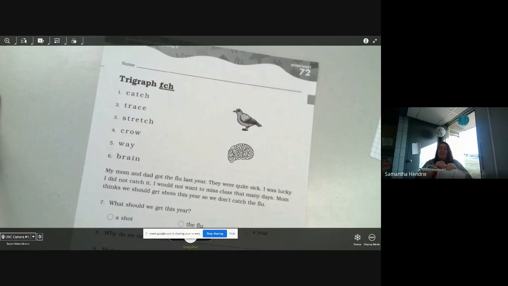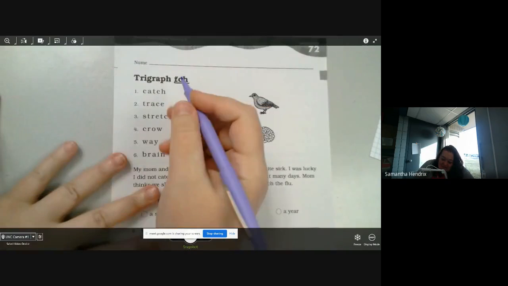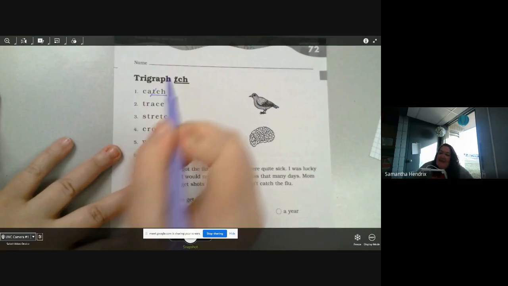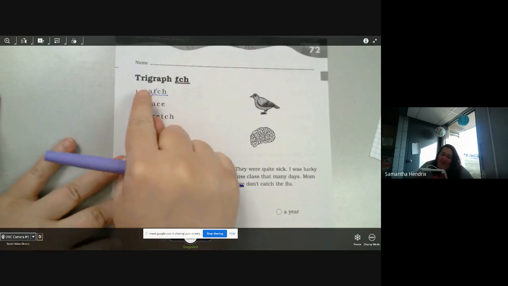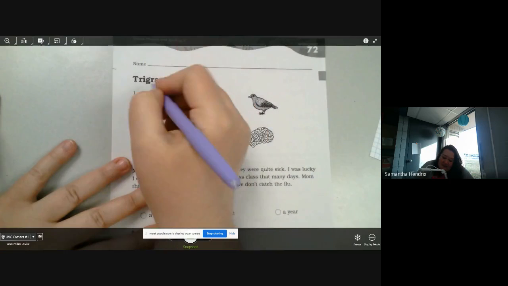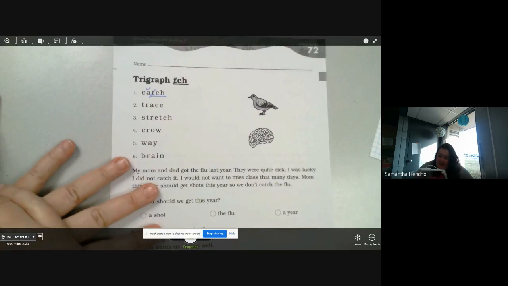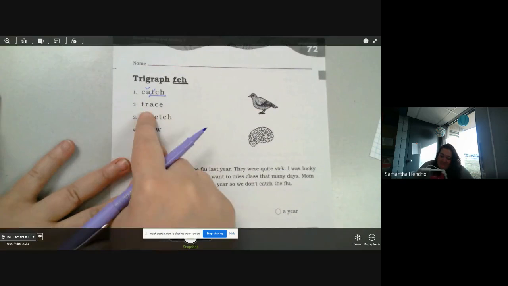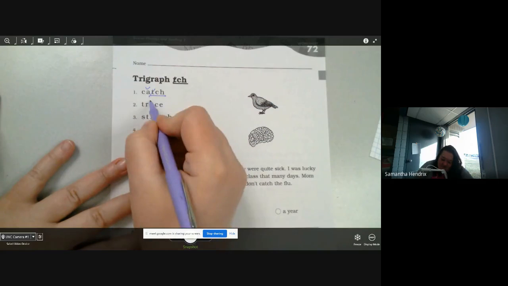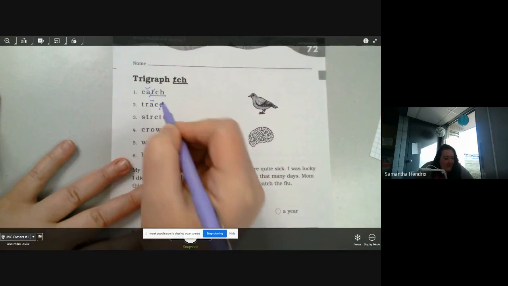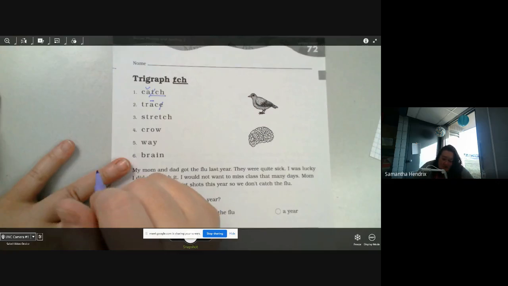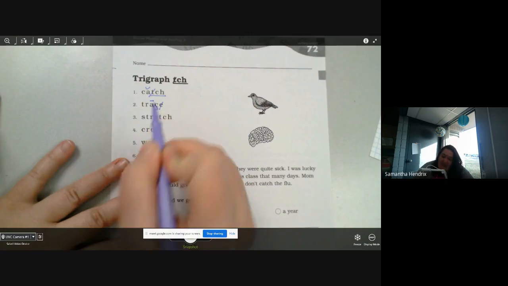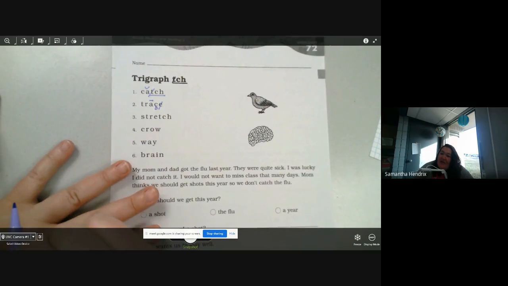We're going to code trigraph TCH. So right off the bat, underline it, mark out that T. So then we have a vowel followed by a consonant, so it's k, atch, catch. Oh, I see an A consonant C. And then this is an S sound like in chef. Remember our chef?